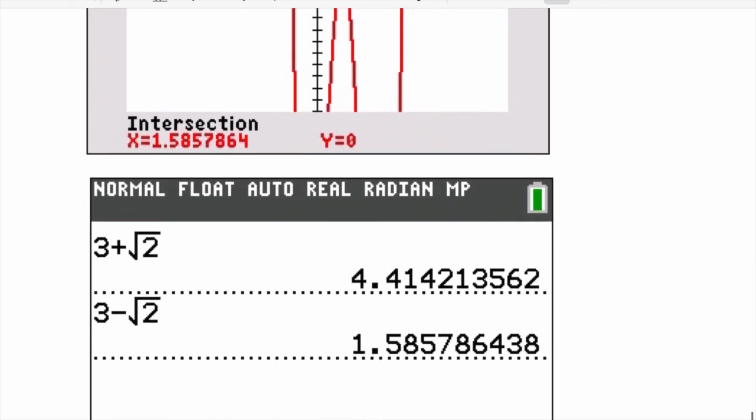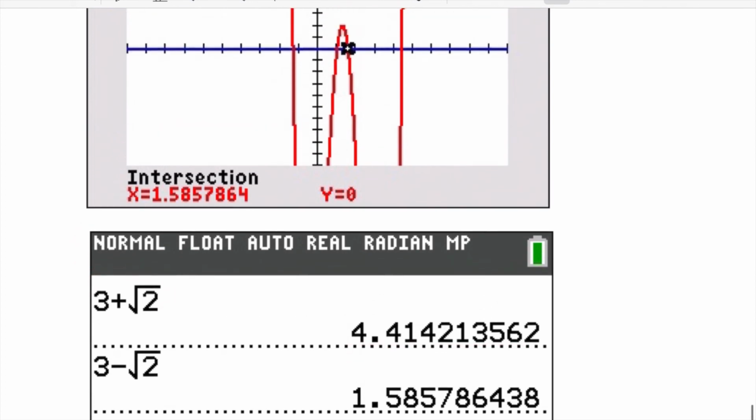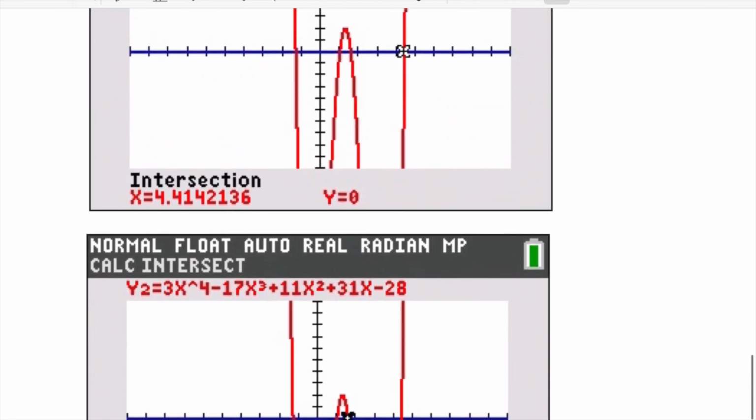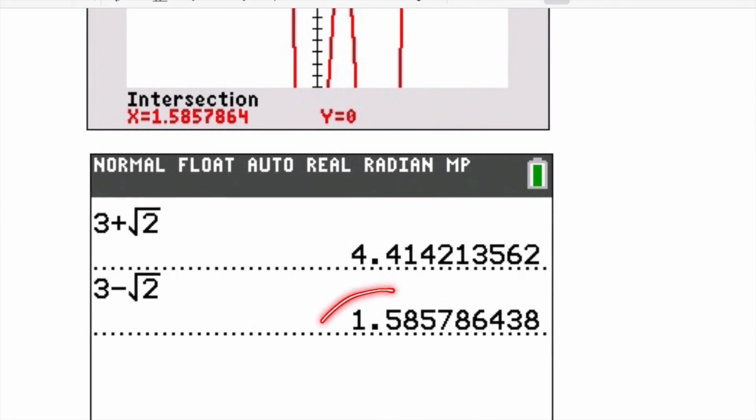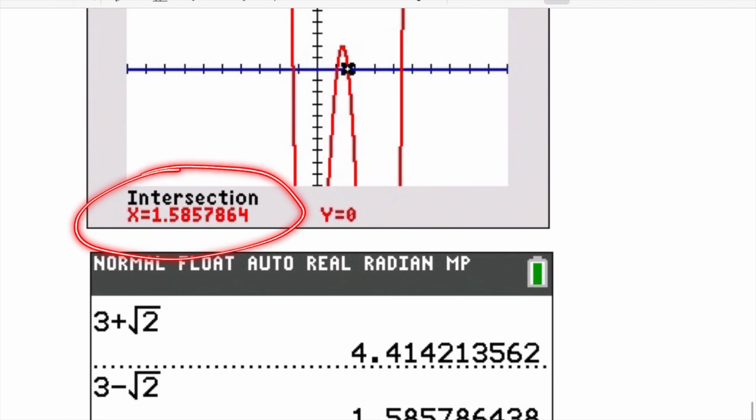And what I did is I put what we got algebraically, 3 plus radical 2, into the calculator and I got the decimal. That matches one of our irrational roots, so that's good. And then I put the other one in and I got 1.5857, etc. And that matches the other irrational root.